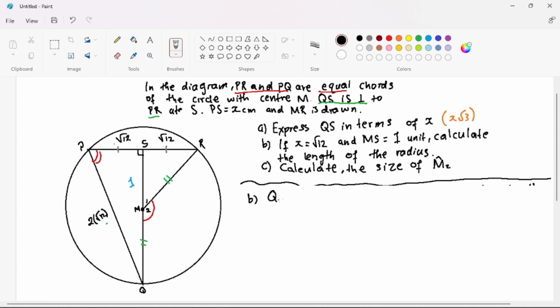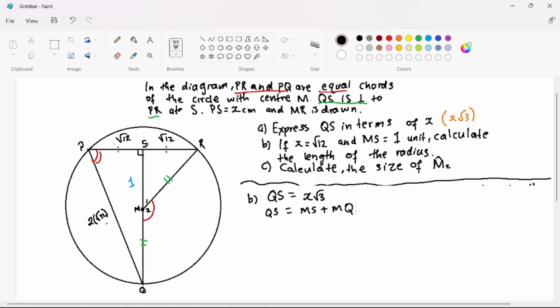We have QS, as we calculated on our last problem, we found out that it's x root 3. So how do we find MQ? Since we are given that MS is 1, you can just say QS, the whole line, is equal to MS plus MQ.